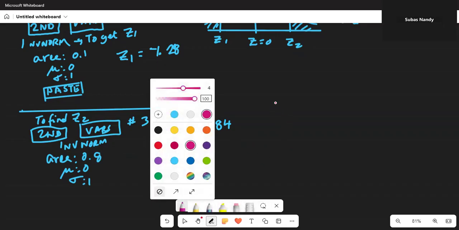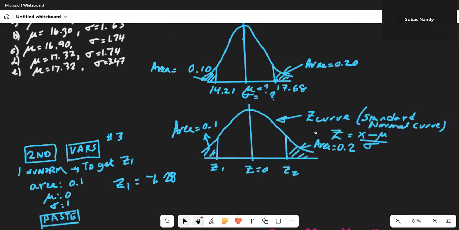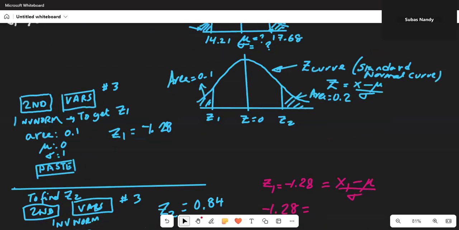Okay. So Z1 is equal to minus 1.28, which is equal to (X1 minus mu) divided by sigma. Let's move up a little bit and see what the X1 value is. The X1 value is 14.21.